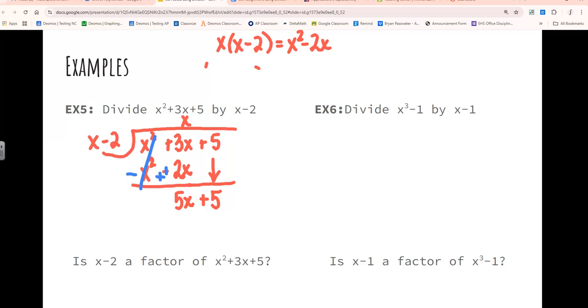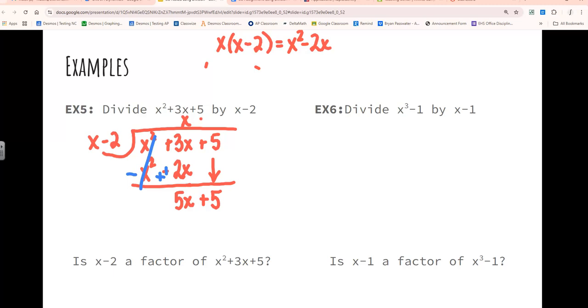Okay, so now I've got to start the process over again. I'm dividing, multiplying, subtracting, bringing down. When you're dividing for these types of problems, instead of thinking what is 5x divided by x, you can think that way if you want, but I like to think, what times x would give me 5x?